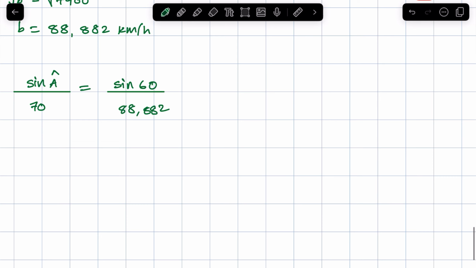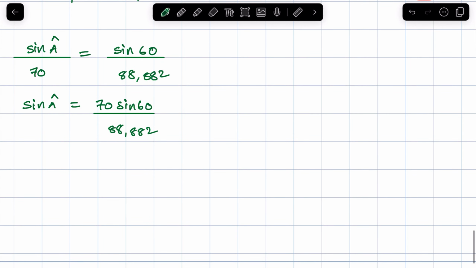Then we multiply by 70 on both sides, and you are left with sine A equal to 70 sine 60 over 88.882.